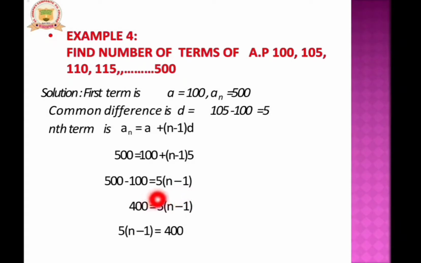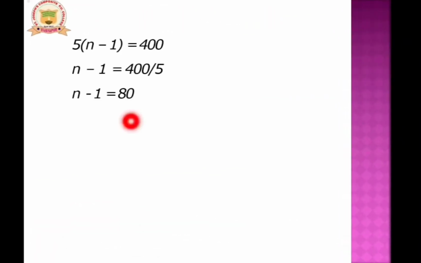On solving this, we take this 5, which is in multiplication, and when it comes to this side it is in the denominator. So n minus 1 is equal to 400 by 5. 400 by 5 is 80, and n minus 1 is equal to 80. The minus 1, when it comes to the right side, becomes plus 1.